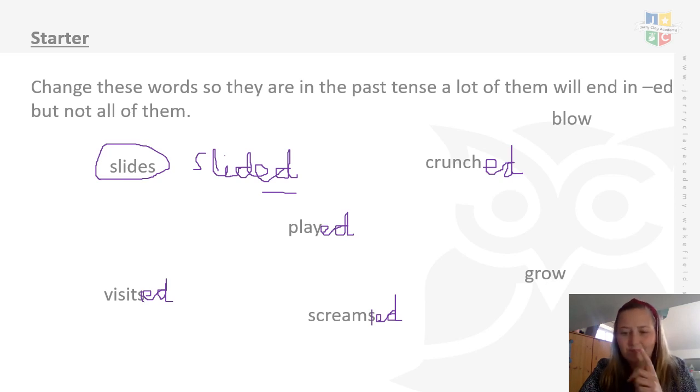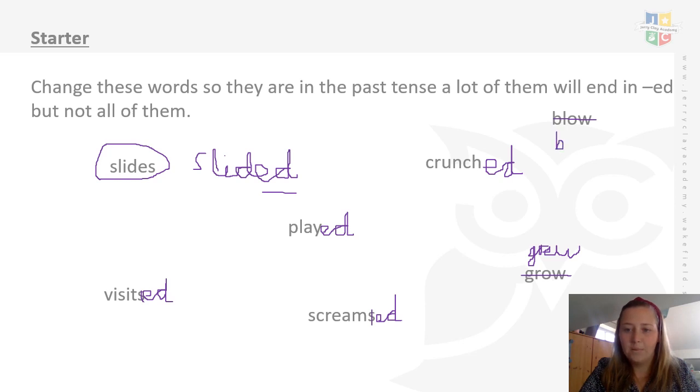That's not right. I've got to change this word. Still got my G, but it is grew. The plant grew, so it's oo, chew the stew, to make it past tense. And the same with our blow. Blew.